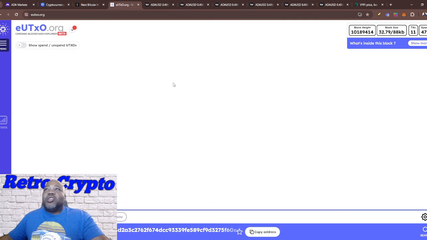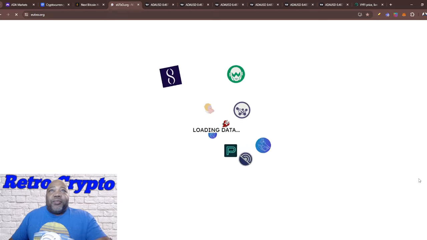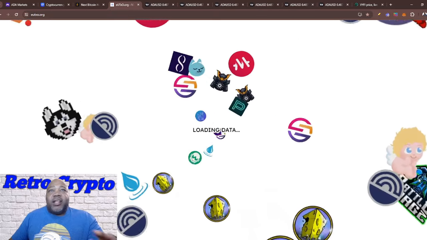Now here's another cool tool I just located. This is eutxo.org. It's basically part of a Cardano blockchain explorer, and it literally shows you the transactions as they're happening. It's a really cool screen, but of course, my luck, I click on it and it shuts down.